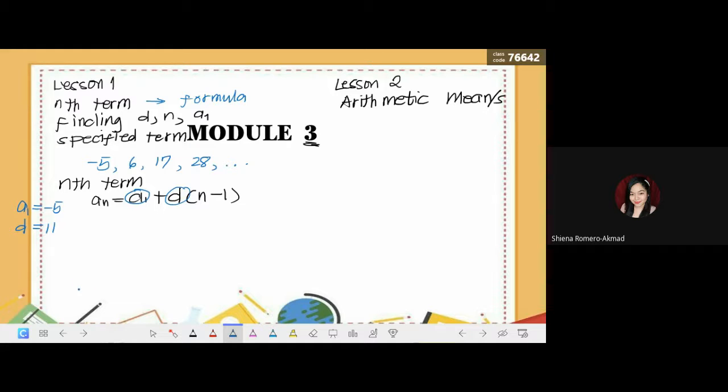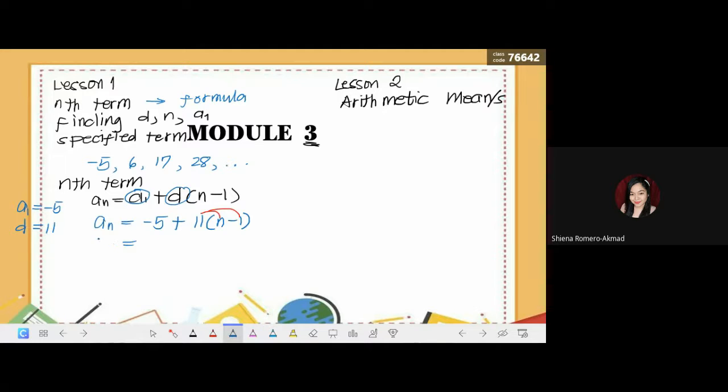So, papabibilisin ko lang yung lesson natin ha para matapos tayo agad before 11 para makapag-lunch kayo agad. So, ang mangyayari dyan is magiging a sub n equals negative 5 plus 11 times n minus 1. Okay? Then, i-distribute natin si 11, positive 11 to n minus 1. Kapag distribute natin siya to n minus 1, magiging 11 times n, tsaka 11 times negative 1.